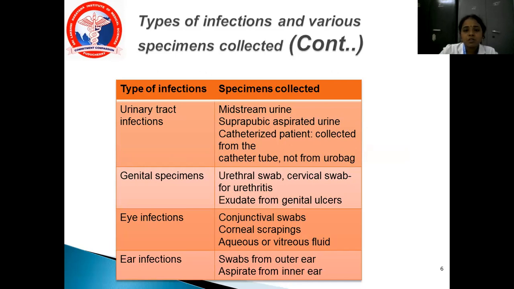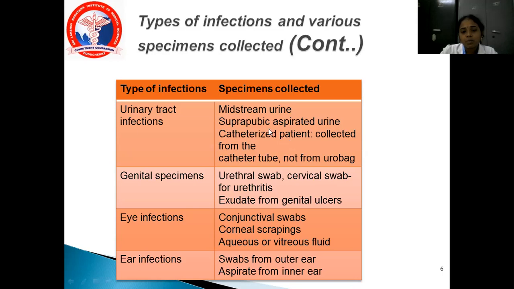Other specimens for urinary tract infections are suprapubic aspirated urine and catheterized urine. In catheterized patients, the urine specimen should be collected from the catheter tube, not from the urobag. Suprapubic aspiration is mainly done in children, because we can't instruct children to collect midstream urine.